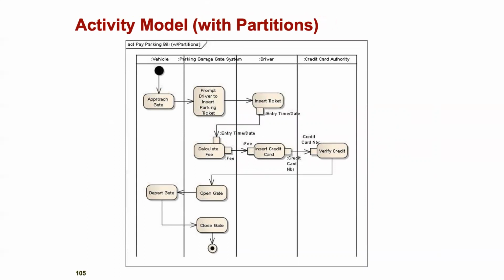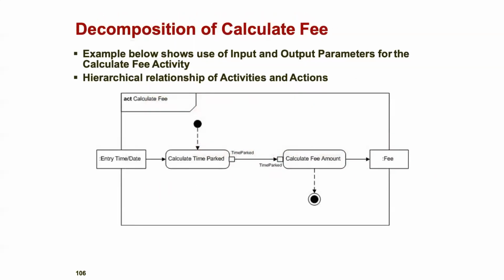So we see the different individuals or entities that are listed on top here, 4 of them. So a little bit more complication. For decomposition of a calculated fee, the example below shows use of input and output parameters for the calculated fee activity. The hierarchical relationship of activities and actions, we're seeing that.